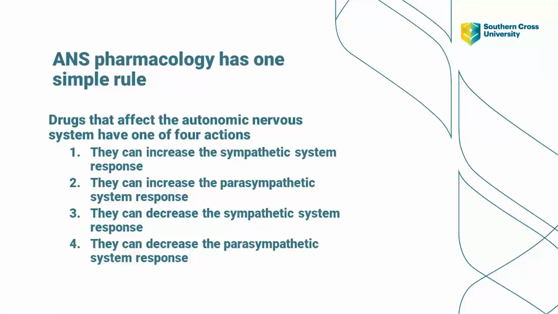And finally, the other thing that the drugs of the autonomic nervous system can do is to decrease the parasympathetic nervous system response. And to help give us a picture of those types of drugs, let's just take another organ. What would happen with a parasympathetic nervous system antagonist, so something that blocks the rest and digest system, to the pupils of the eyes?